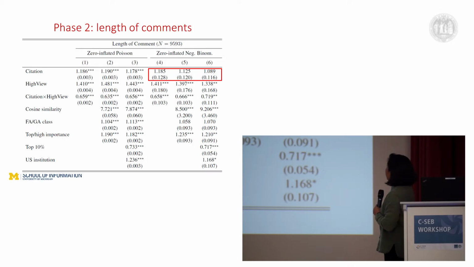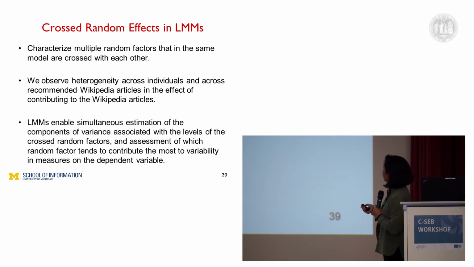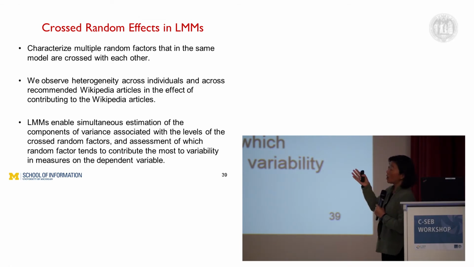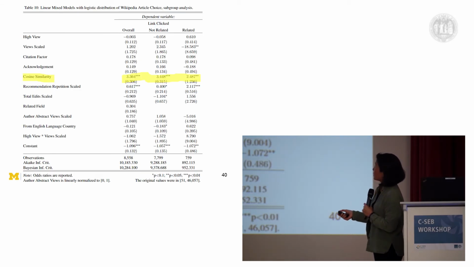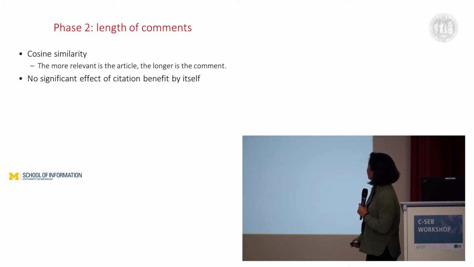If you look at the zero inflated negative binomial, the citation in the second stage is not significant anymore. If you do cross-random effects linear mixed models, where you have random effects on the expert and on the article, you have very similar results: cosine similarity is highly significant in predicting behavior.